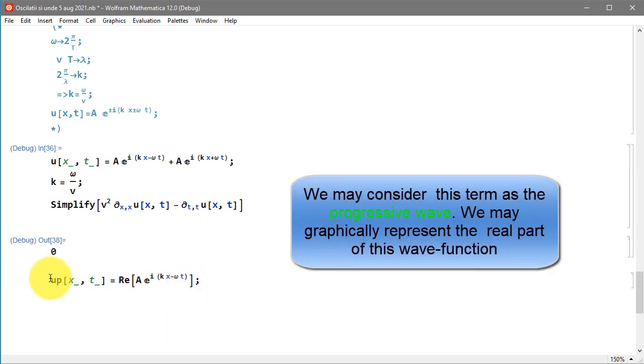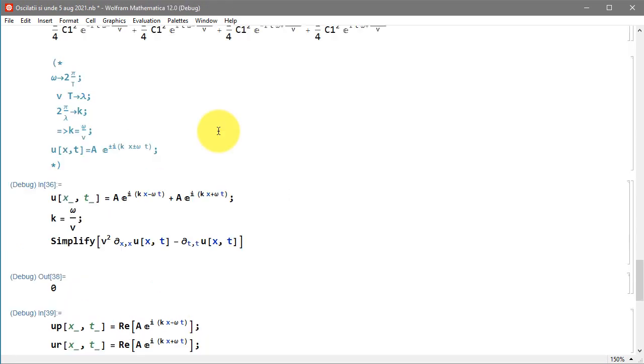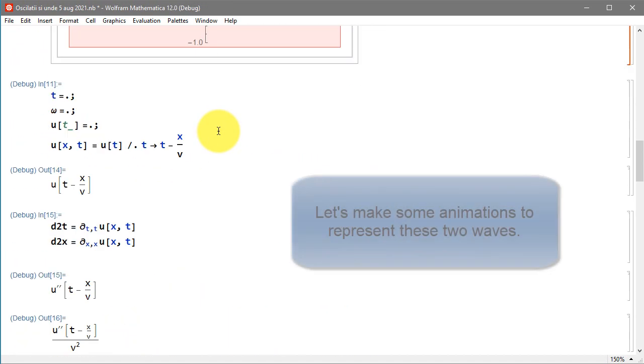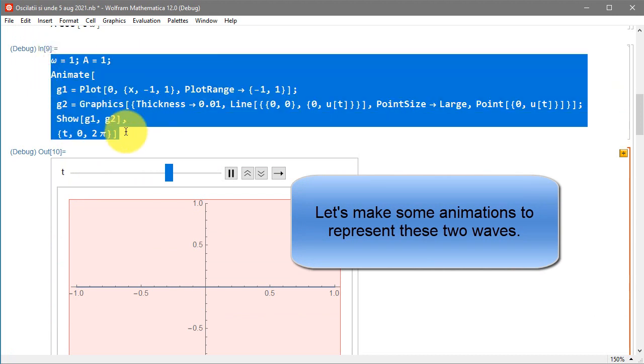We may consider this term as a progressive wave. We may graphically represent the real part of this wave function and the real part of the second term as a regressive wave. Let's make some animation to represent these two waves.